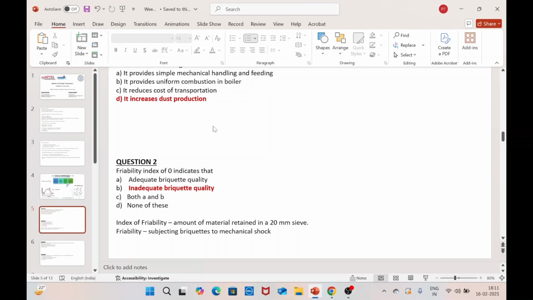So what is the basis behind this, what is the thought process behind saying that if the friability index is 0, then the quality is going to be inadequate? What is the reasoning?